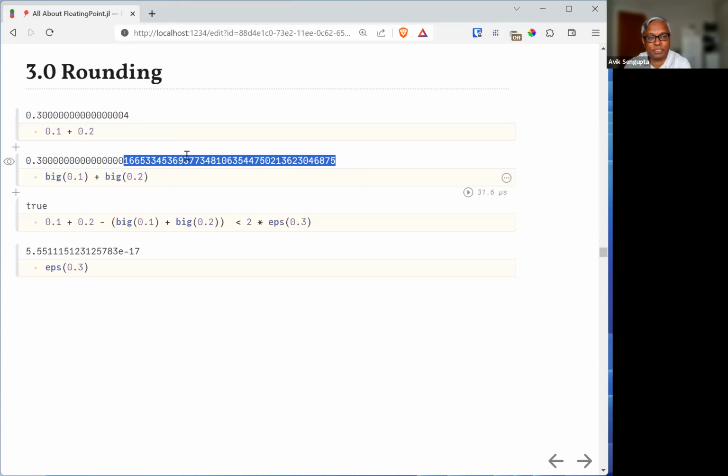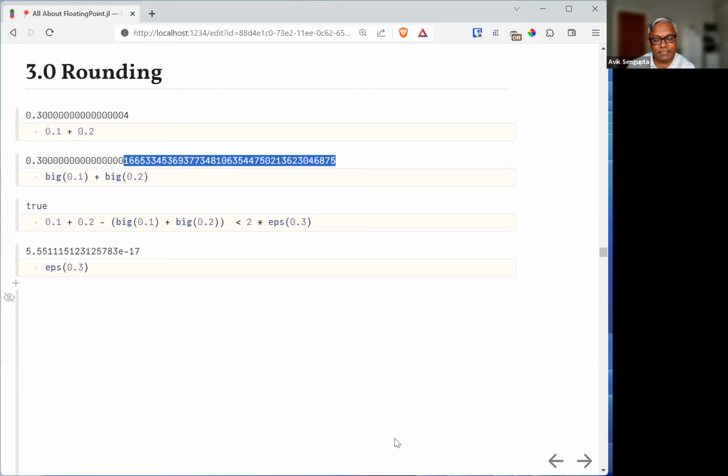So you can get more precision using big floats, but without using big floats, on standard 64-bit, you will always get these rounding errors. And if you're doing any numerical analysis, you have to worry about whether your computation is blowing up, right?